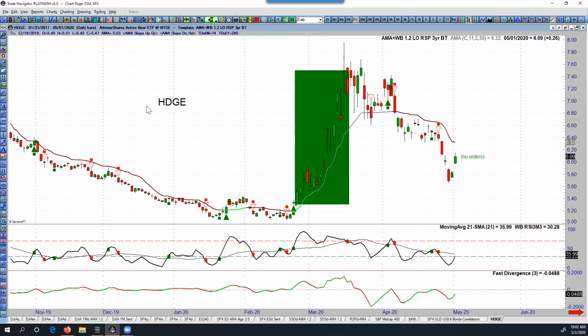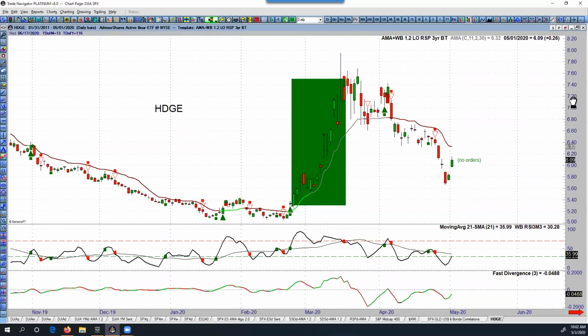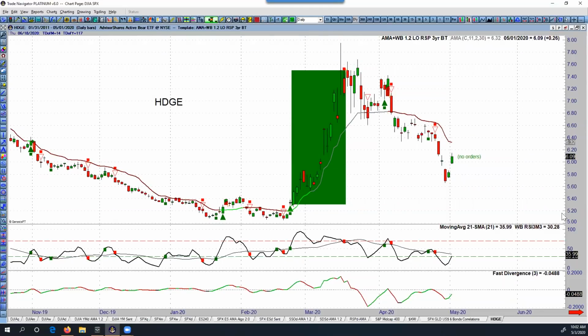You could buy shares in HDGE, and they only short stocks that probably are going to have the most difficult time in the current environment.